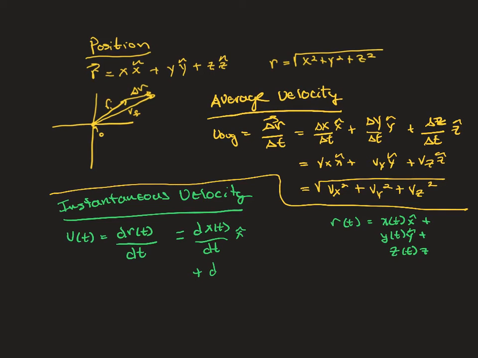and you're going to have to take the derivative of the y position function in terms of t, and that's going to give you a y component, and then you're going to have to take the derivative of the z direction in terms of t, and that's going to give you your z component. You see why we tend to focus on just the x and y direction, because how many times do you want to have to take 3 derivatives in a row?